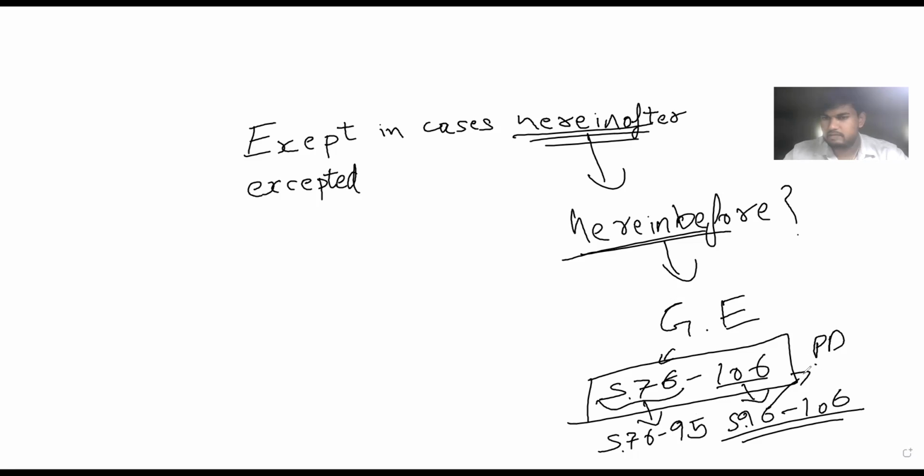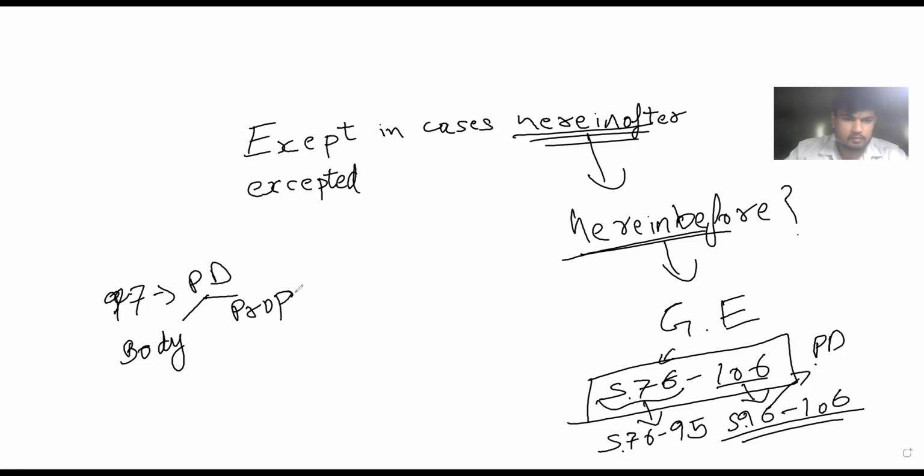Then 97 tells us it takes private defense of body, property, right? Then we have section 98. What does 98 tell us? Tell me.